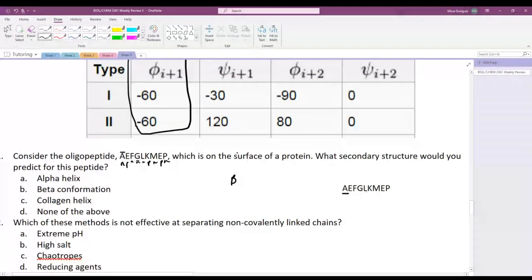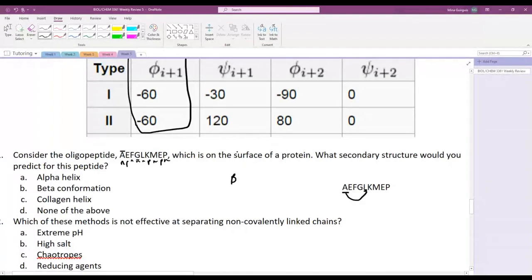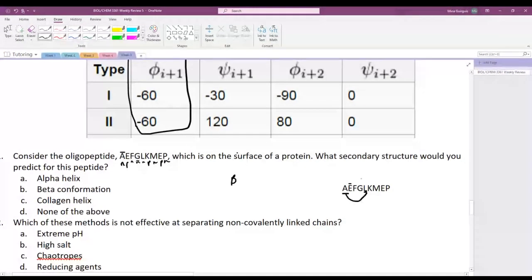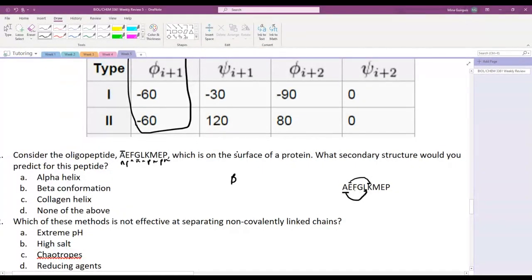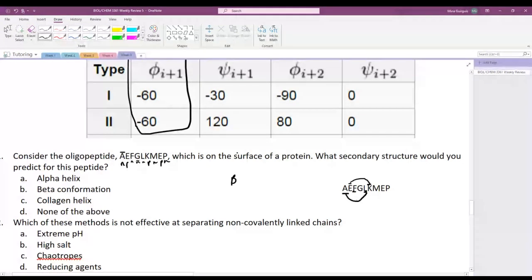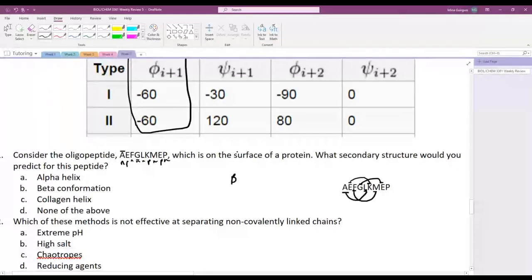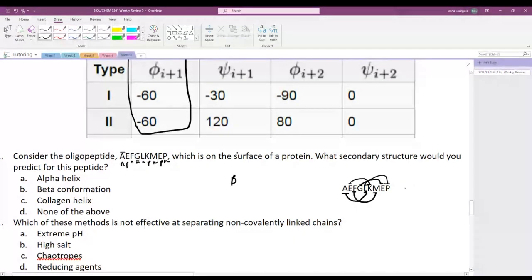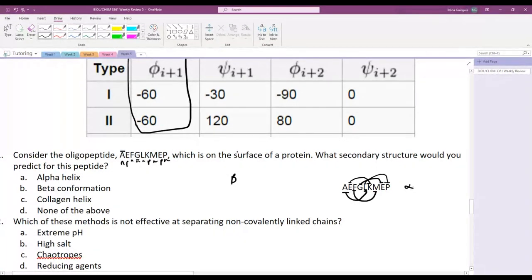Well, yeah, those would be happy. They're both nonpolar. E, 1, 2, 3, 4 to lysine. They're both polar. That could be good too. Phenylalanine to methionine. It could be. Glycine to glutamate. Not really. And then leucine to proline. Okay, yeah, that could work. So an alpha helix could also be possible. Not perfectly, but it could work.